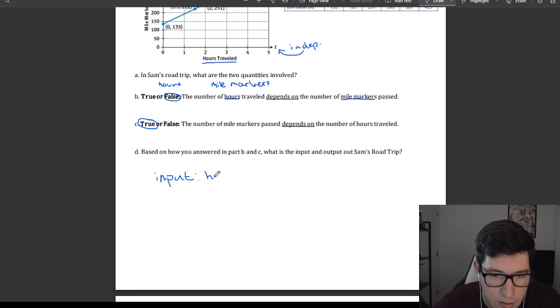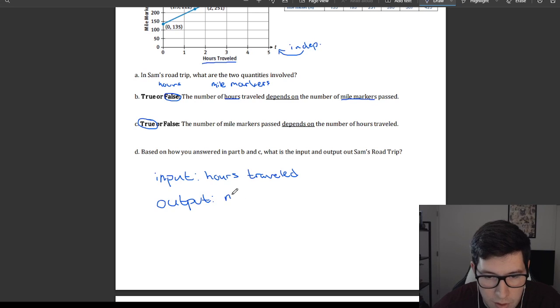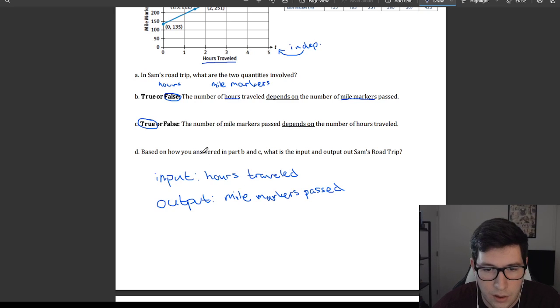And so this is going to be our hours traveled, which means that our output is going to be our mile markers passed. So again, our input is their hours traveled, and our output are the mile markers passed.